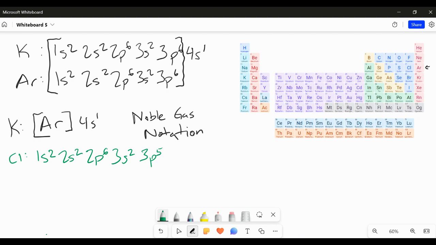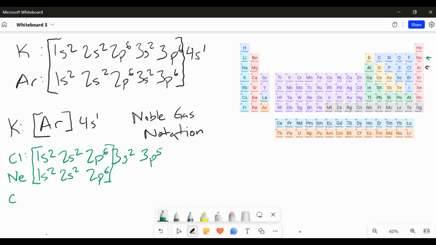Okay? If we look at the noble gas that comes in the energy level just before it, neon, right here, neon is 1s2, 2s2, 2p6. So again, scientists decide for chlorine, let's just substitute this out because they're exactly the same.